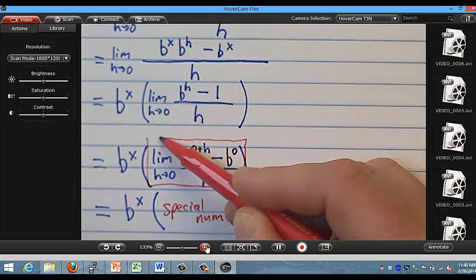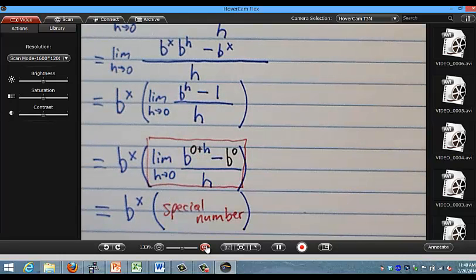What does that look like to you? Pi? Oh, not that special. I mean, when I say it's a special number, I don't know what number it is. I don't. Because I don't know. What did I never tell you? I never told you what the number b is. Are you with me? So I don't know that.